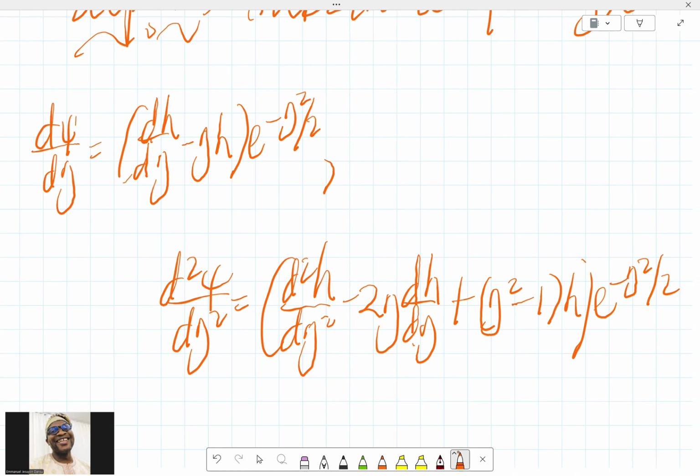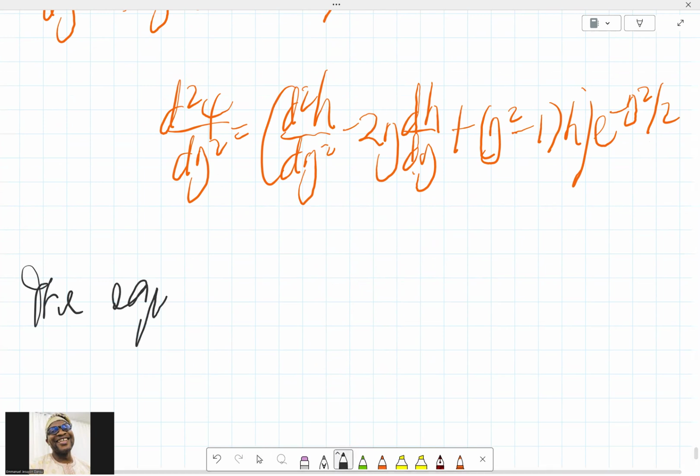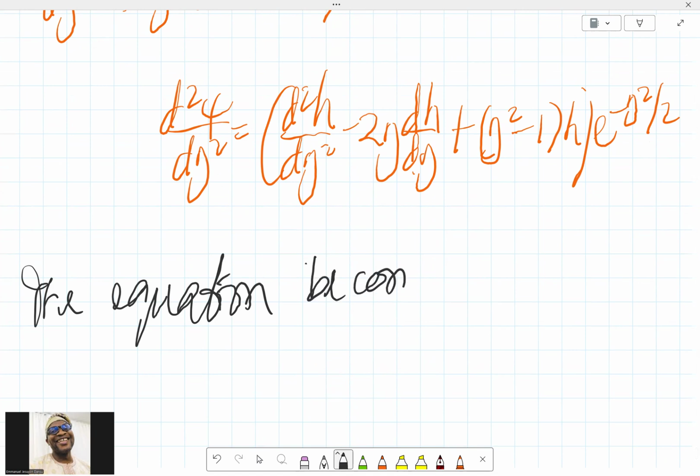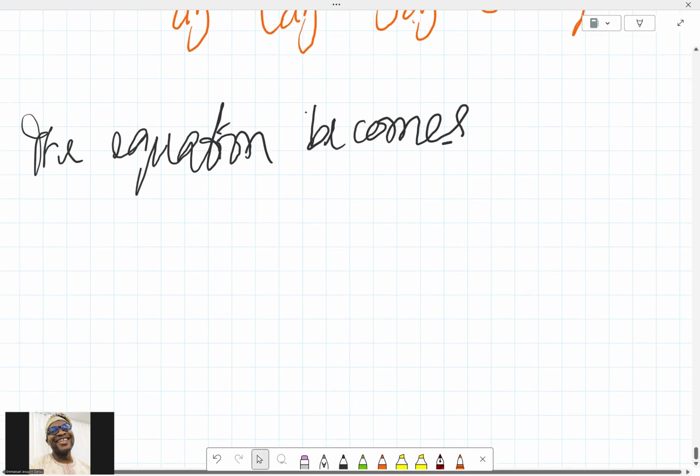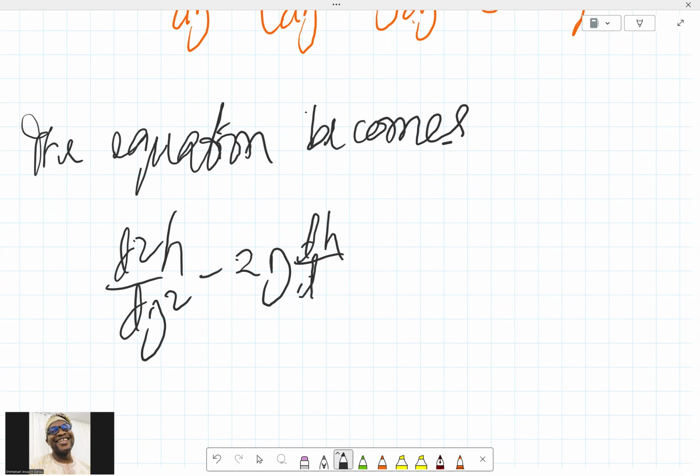Getting serious. So the equation becomes d squared h d eta squared minus 2 eta d h d eta plus epsilon minus 1 times h equals 0.